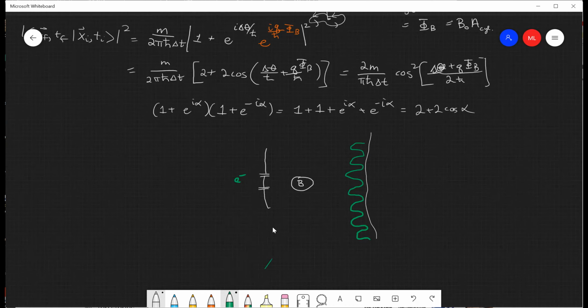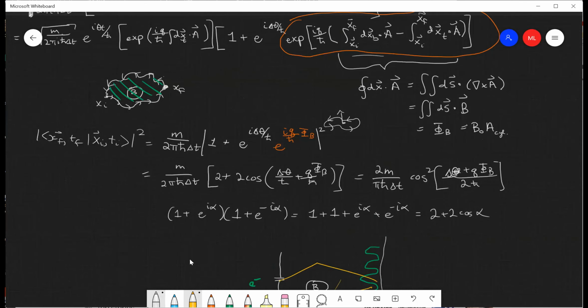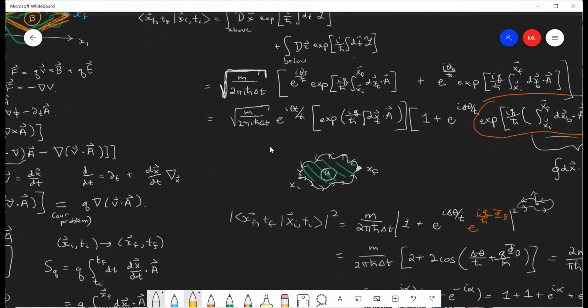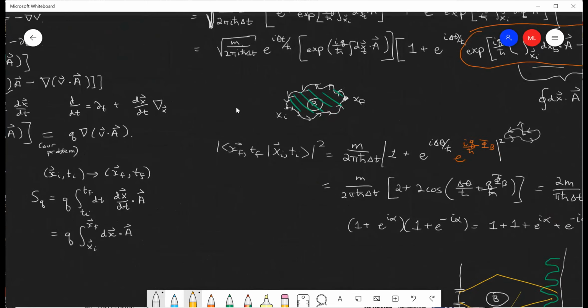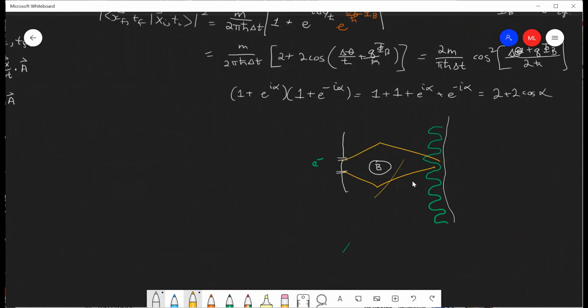But you can calculate the path integral propagator for going from the top and the bottom, from the two slits. You can assume these are closely spaced, so you can use the same propagator that we derived for this situation. And you can calculate what happens to the two-slit interference.